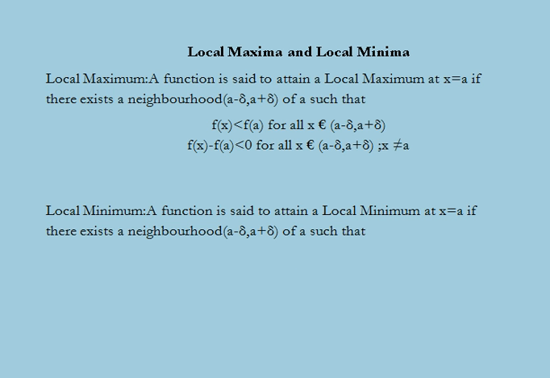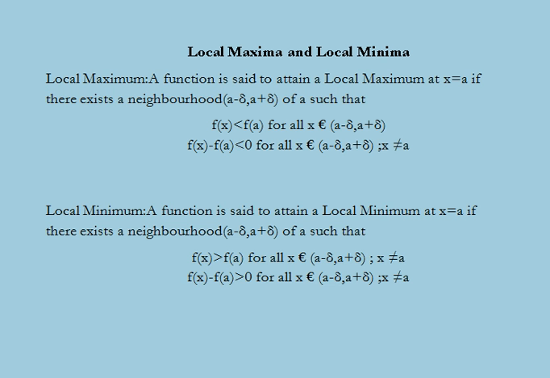A function f(x) is said to attain a local minimum at x equal to a if there exists a neighborhood (a minus delta, a plus delta) of a such that f(x) is greater than f(a) for all values of x belonging to the interval (a minus delta, a plus delta) and x not equal to a, or we can say that f(x) minus f(a) is greater than 0 for all x belonging to the interval (a minus delta, a plus delta) and x not equal to a.